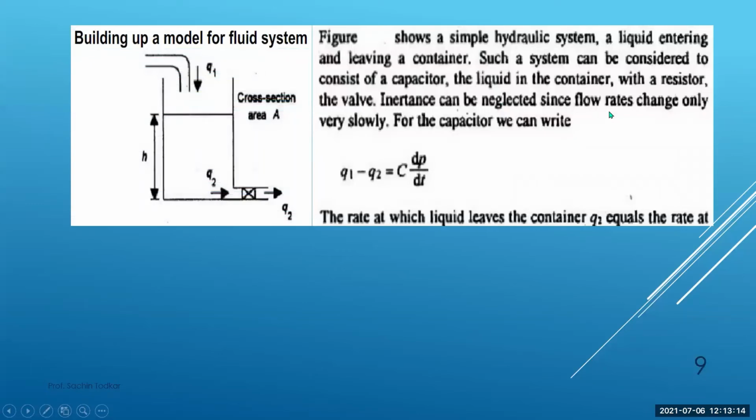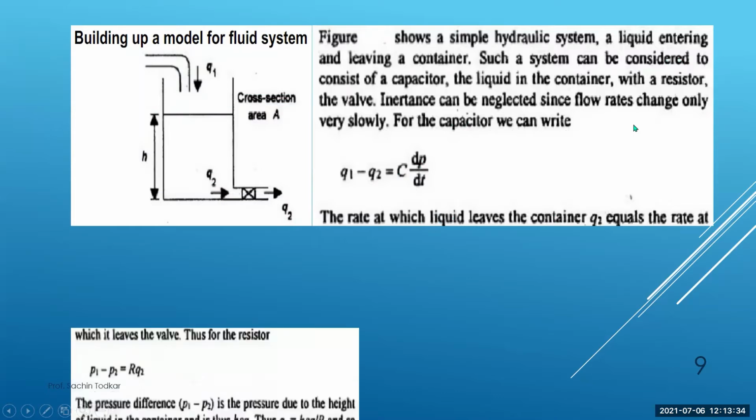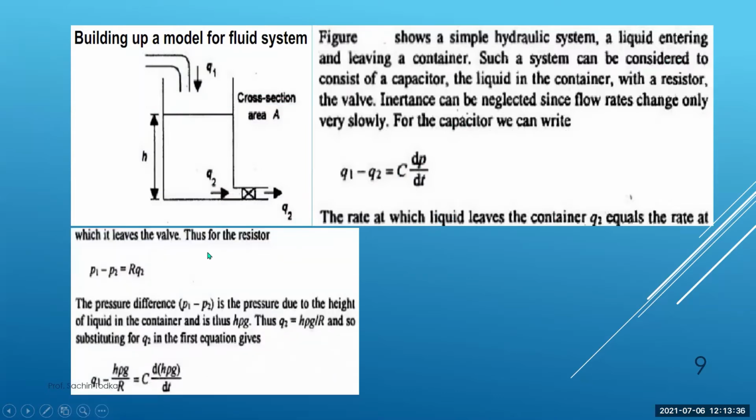Inertance can be neglected since the flow rate changes only very slowly. For the capacitor, we can write Q1 minus Q2 is equal to C into dP by dt, because the change in pressure with respect to time will give you this Q1 minus Q2. The rate at which liquid leaves the container, Q2, equals the rate at which it leaves through the wall.